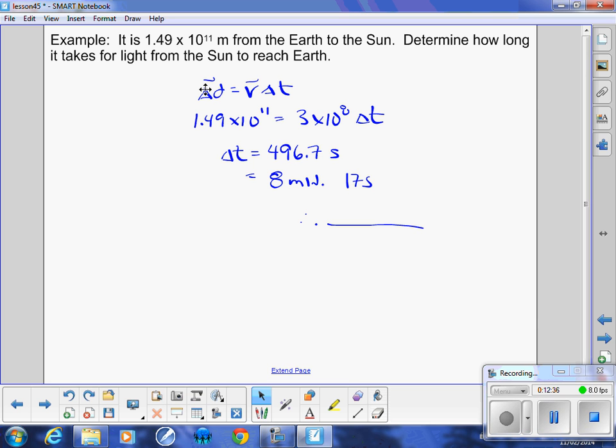But think of it this way: if you were looking through a telescope at faraway stars, the way you see objects is when the light enters your eye. So you're actually looking at light with a time lag.